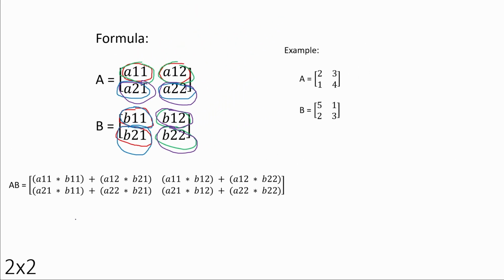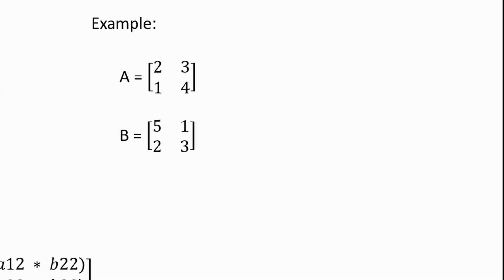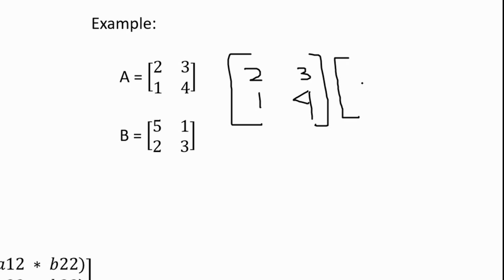Let's jump into the example. For example, we have these two matrices right here. To make it easier, I will visualize it like this. This is 2, 3, 1, and 4, and then 5, 1, 2, and 3.